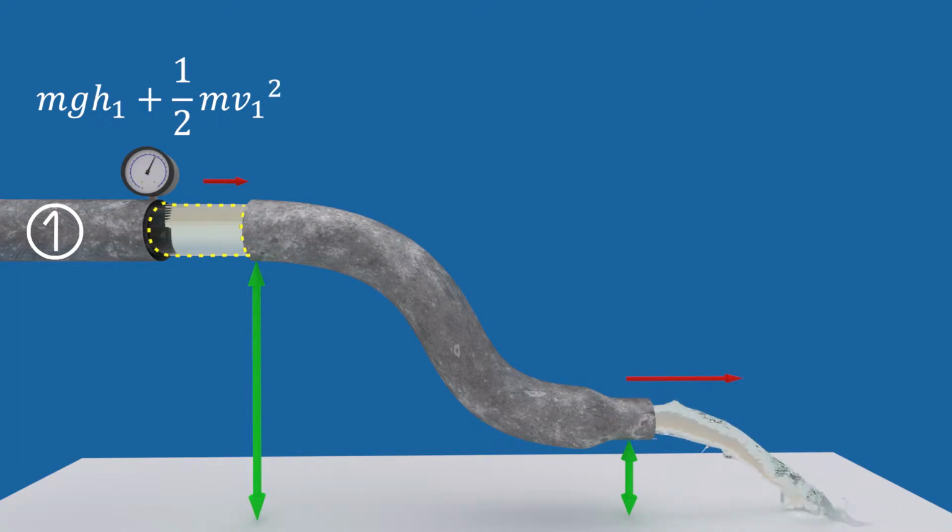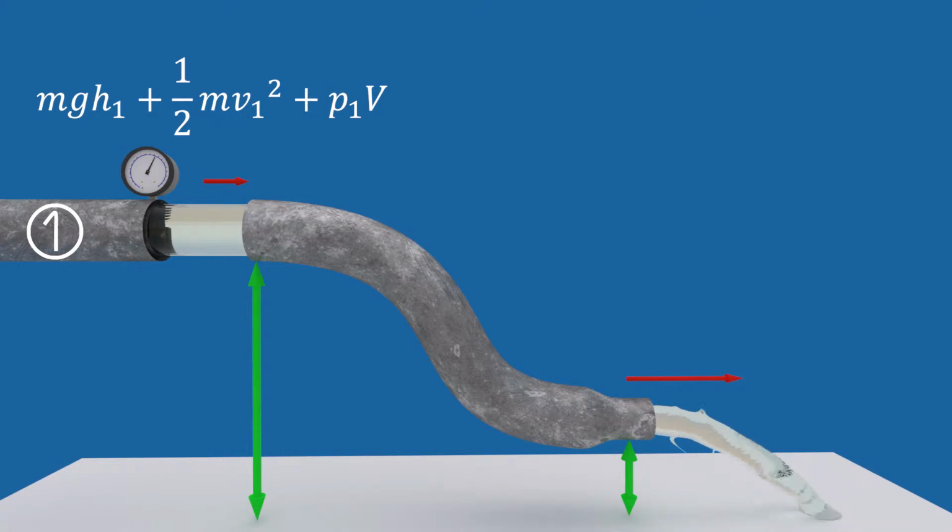Additionally, the manometer at point 1 is measuring a static pressure of p1. The work needed to press the fluid cylinder into the pipe at a pressure p1 is known as pressure volume work. In this example, the pressure volume work equals the product of the volume V of the fluid cylinder and the pressure p1.